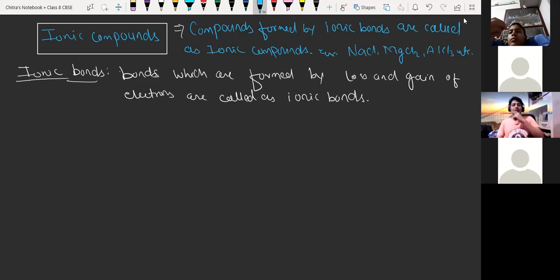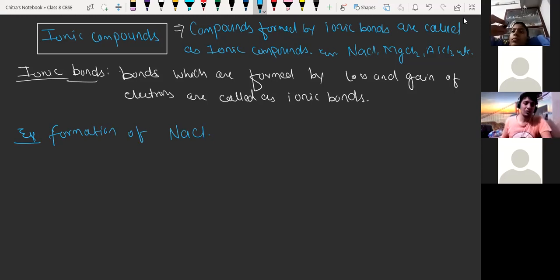Okay, so we'll understand the formation of sodium chloride, NaCl. We'll go through the step-by-step process for the formation of an ionic compound.